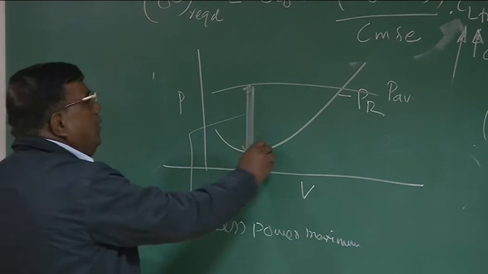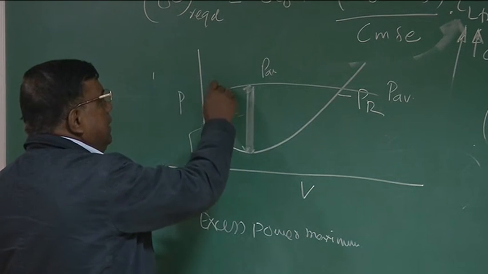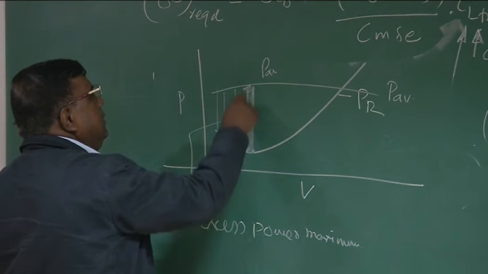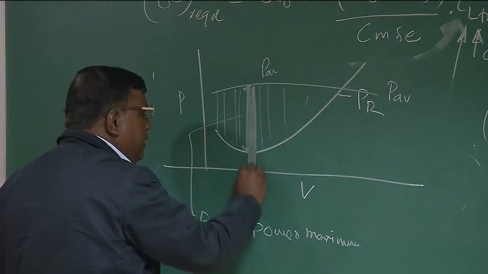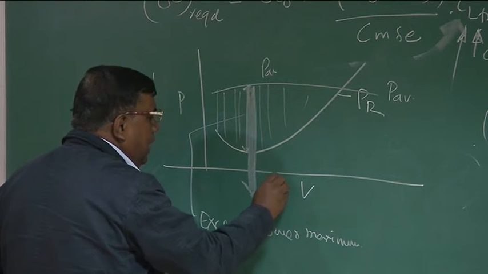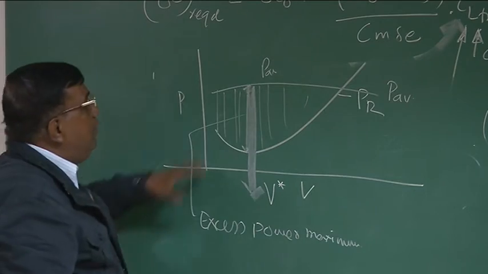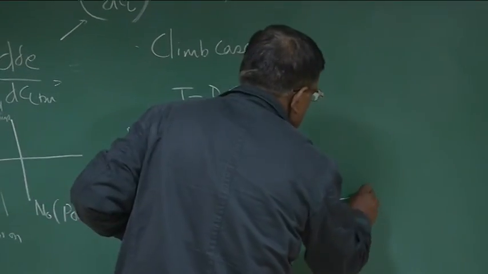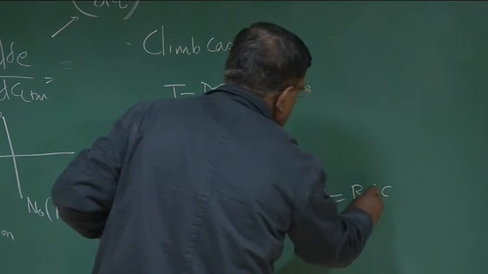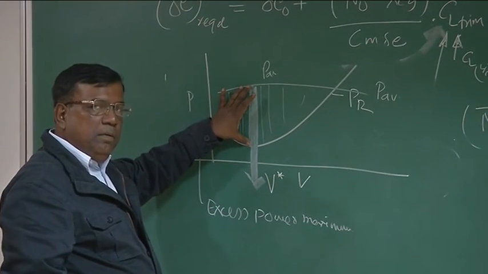It starts increasing, goes to maximum, then starts reducing. So there is a corresponding V, let's say V star, which corresponds to maximum rate of climb. Because excess power and V sine gamma, the rate of climb, are related, wherever excess power is maximum, rate of climb also will be maximum.